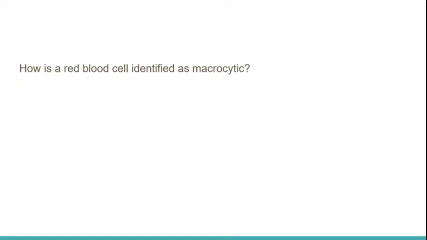And how is a red cell identified as macrocytic? In the perspective of a slide, if you want to be technical, it's a cell that is greater than 9 micrometers. It's any RBC that reaches greater than 9 micrometers. That's considered as a macrocytic cell.